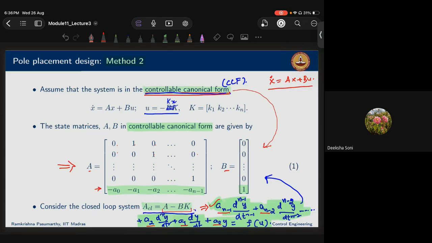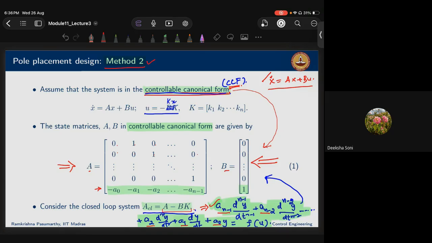Now, this method 2 says if the given system is in CCF form, controllable canonical form, it means that A and B matrices are of this form. All the others are zeros and ones except the last row.